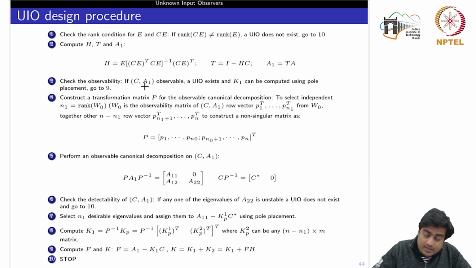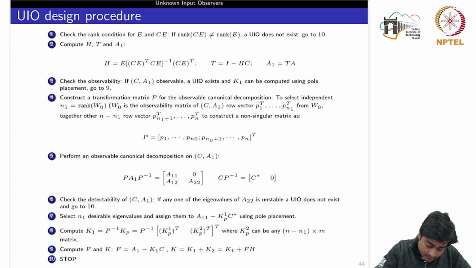If this pair A1, C is observable, we can directly compute this K1 using the pole placement technique, or either of the methods we had discussed earlier. And finally we compute the F and K matrices, and then we can stop the algorithm.